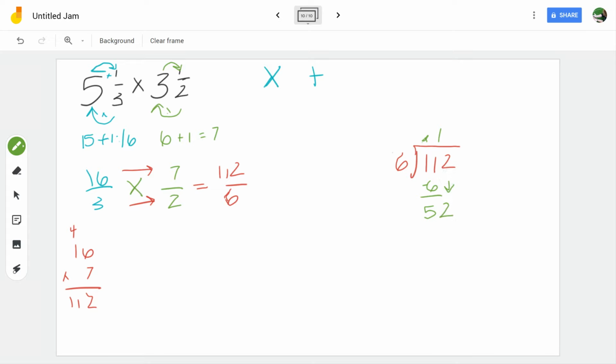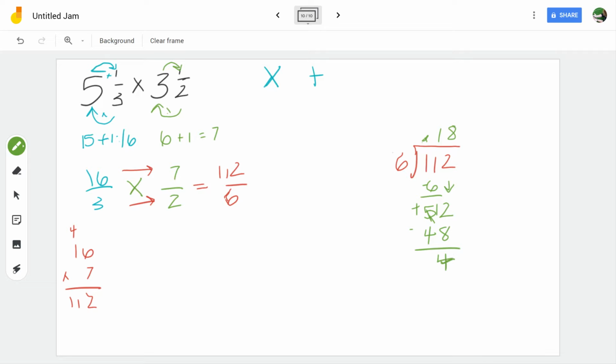And how many times does 6 go into 52? Hopefully you said 8. 8 times 6 is 48, and I can subtract that. 52 minus 48 is 4.